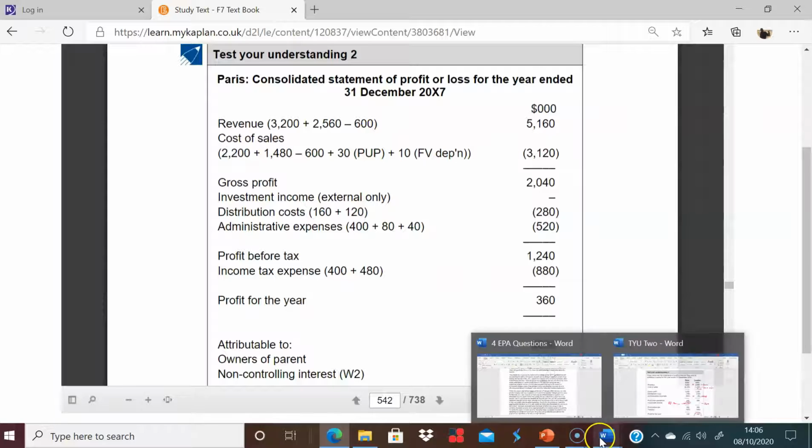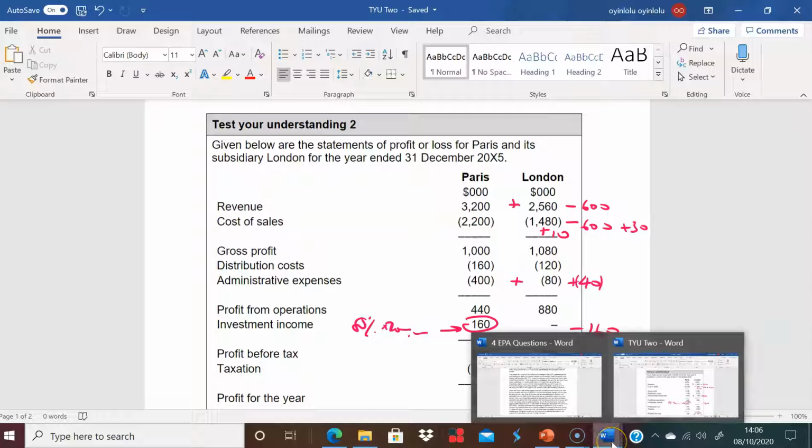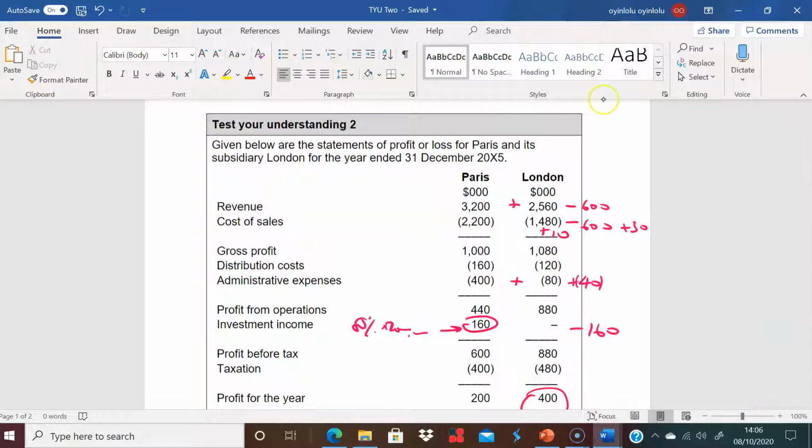Then let's look at the cost of sales. Remember, I had the 220 plus this minus the 600 plus 30 plus 10. When I say minus 600, if I take off those brackets, I'd have 1480.